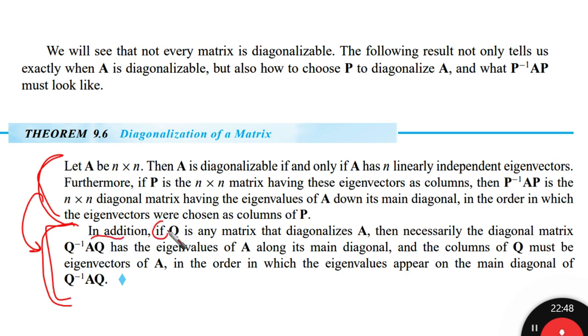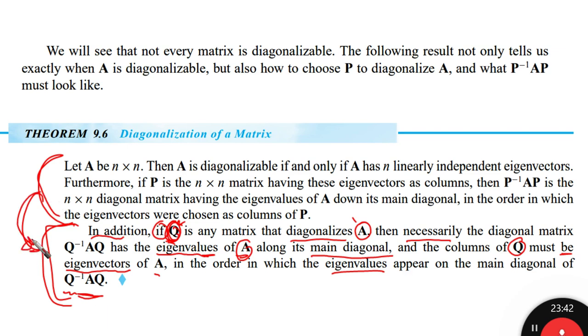In addition, if Q is any matrix that diagonalizes A, so we are sure that Q is diagonalizing A, then necessarily the diagonal matrix Q minus 1 A Q has the eigenvalues of A along its main diagonal, and the columns of Q must be exactly eigenvectors of A, in the order in which the eigenvalues appear on the main diagonal of Q minus 1 A Q. It is, as I said, like flipping the previous one.